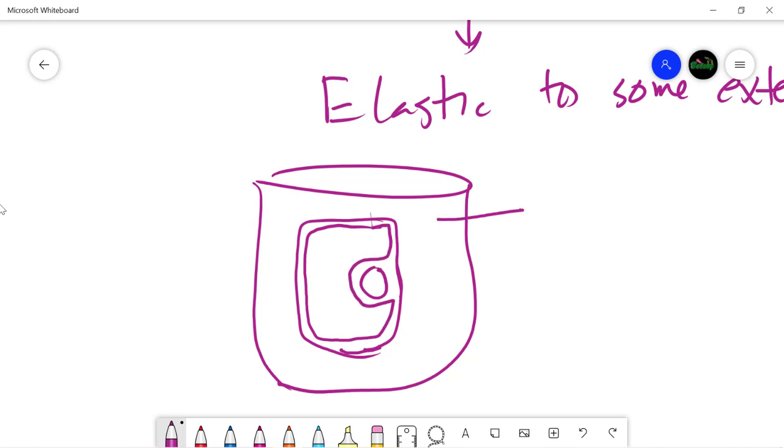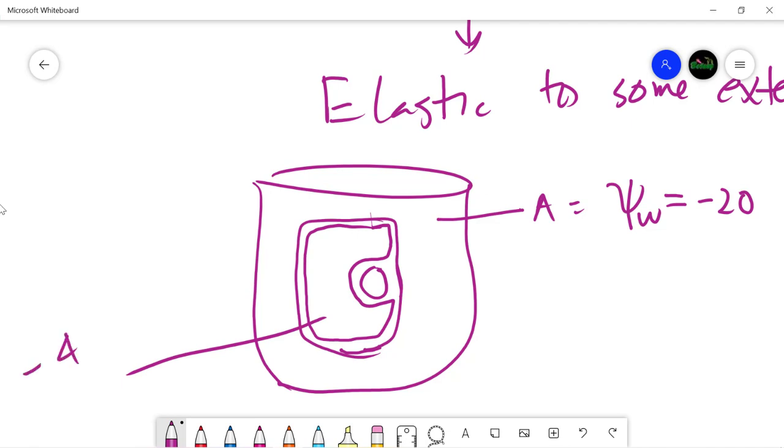Since water potential in container A, the psi W, is less negative, let's take a hypothetical value, say it is -20, and inside the cell, say it is -40. So obviously we have a water potential gradient from the beaker or this container towards the cell.